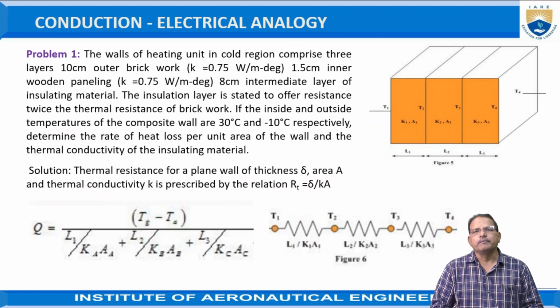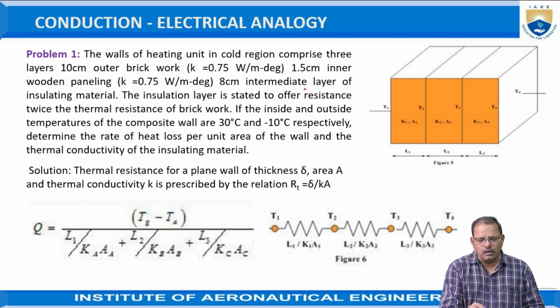One problem we are taking based on the electrical analogy: the wall of a heating unit in a cool region comprises 3 layers: 10 cm outer brickwork having K equal to 0.75 watts per meter per degree, and 1.5 centimeters inner wooden paneling, K equal to 0.75 watts per meter per degree, and an 8 centimeters intermediate layer of insulating material.